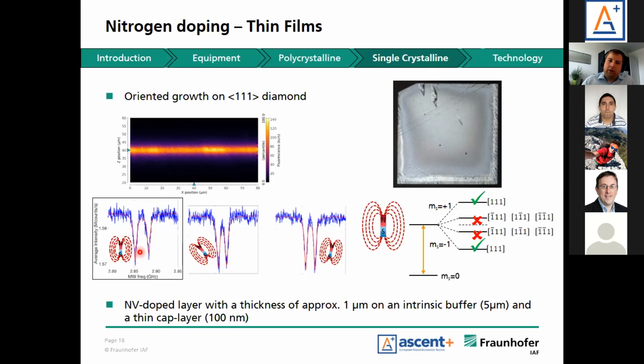And if there are only these 2 dips independent from the orientation of the magnet, this means that only one orientation of the NVs is visible. So in this case, we're seeing a rather thin layer, approximately 1 micron on an intrinsic buffer, and also capped with a very thin intrinsic diamond layer. So this is a 111 substrate overgrown.